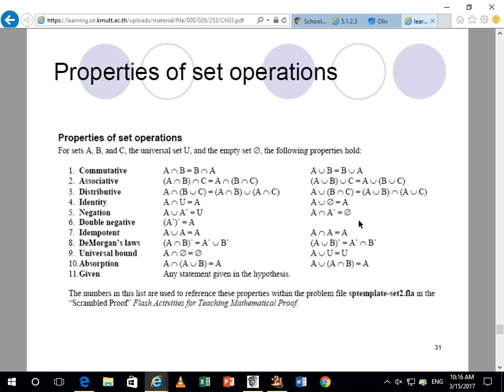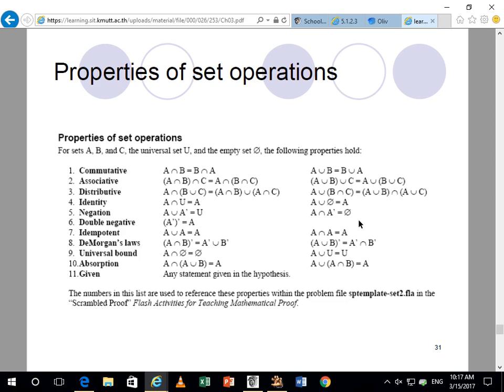We also have double negative. The complement of A complement gives you back A. You have seen De Morgan's law in high school before, but maybe not for sets. We can take the complement of this.